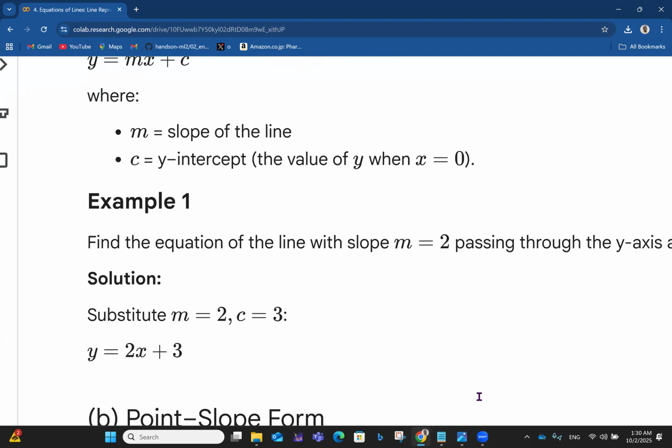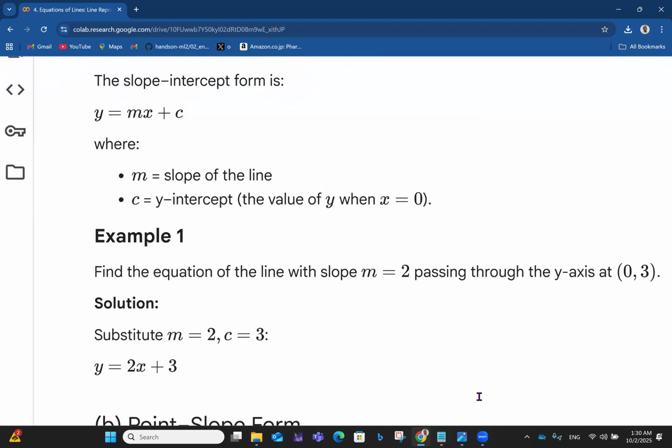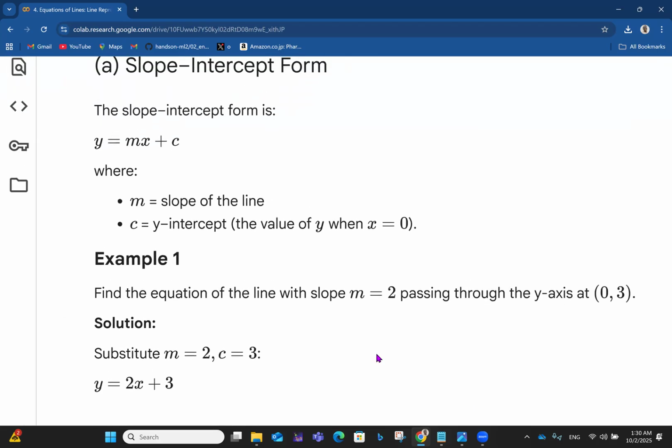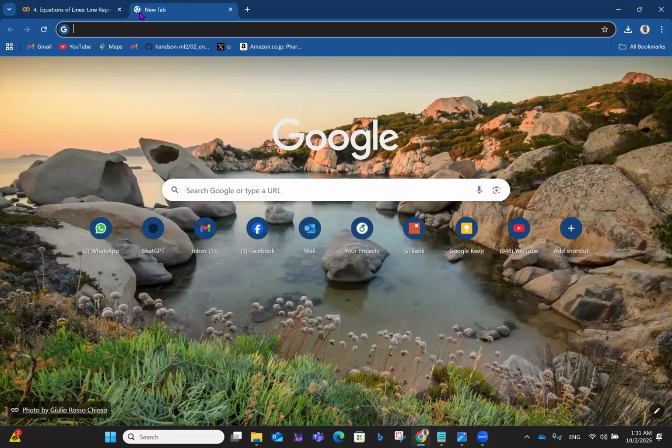As you see in this example right here, it says find the equation of the line with slope m equals 2, passing through the y-axis at 0, 3. Okay, so the solution is simply, of course, let's use Desmos to our advantage here.